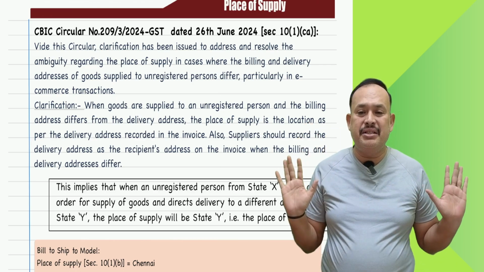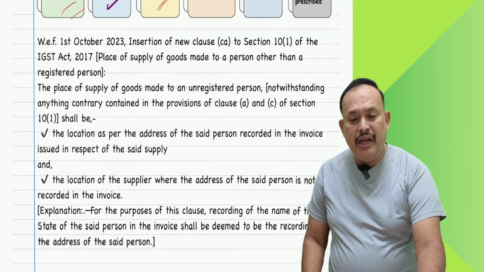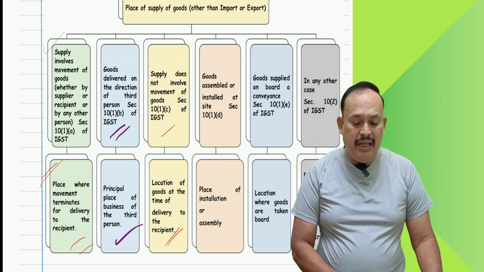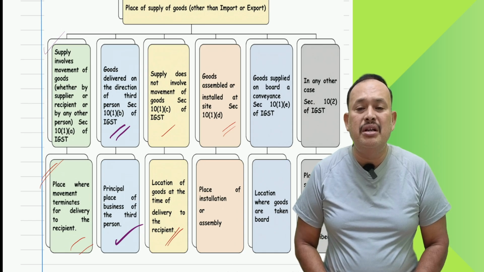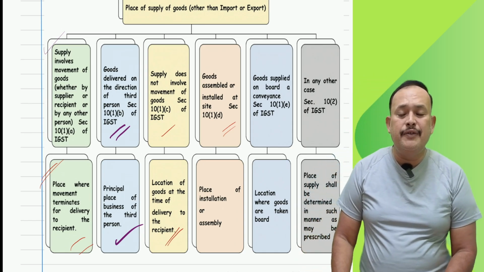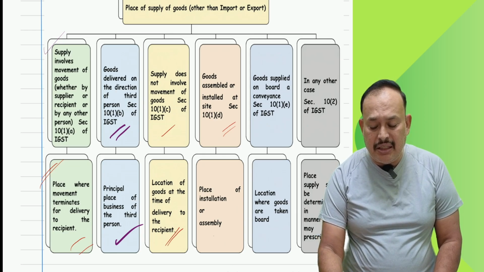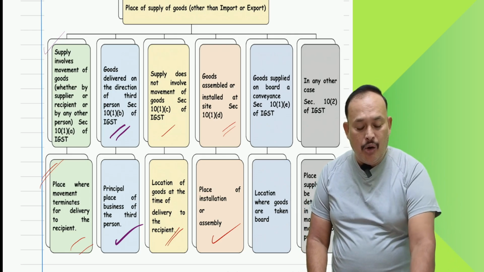As simple as that. Now please come back to our regular study, where we have section 10 sub-section 1 clause (d), which talks about supply of goods assembled or installed at the site. If so, place of supply is equal to the place of installation or place of assembling. How to understand this?